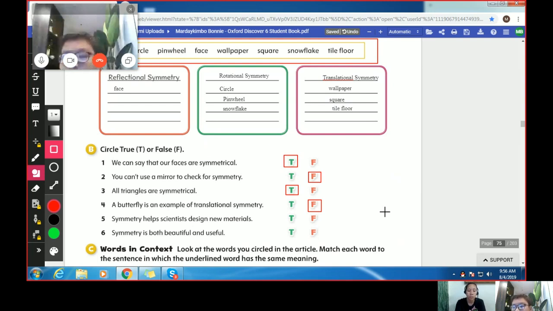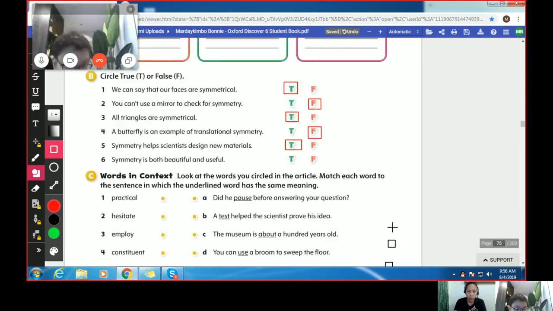Exactly. It's reflectional symmetry. Okay, number 5. Symmetry helps scientists design new materials. It's true. One more. Symmetry is both beautiful and useful. True. Very good. All right.